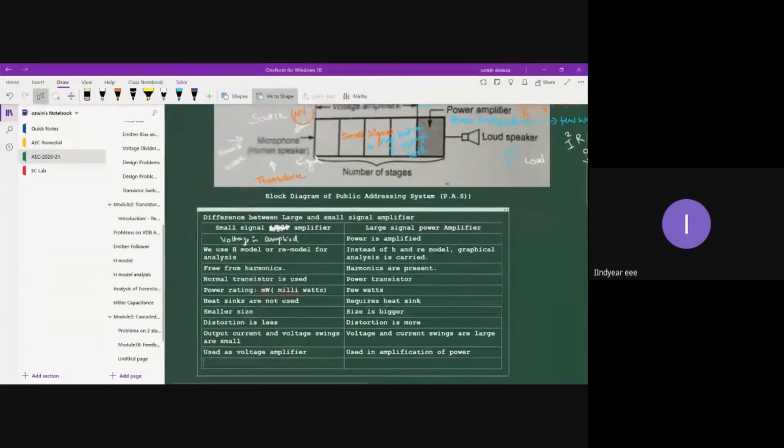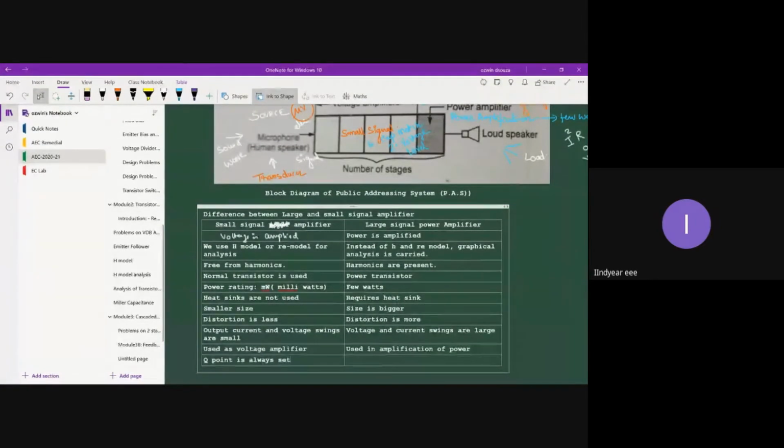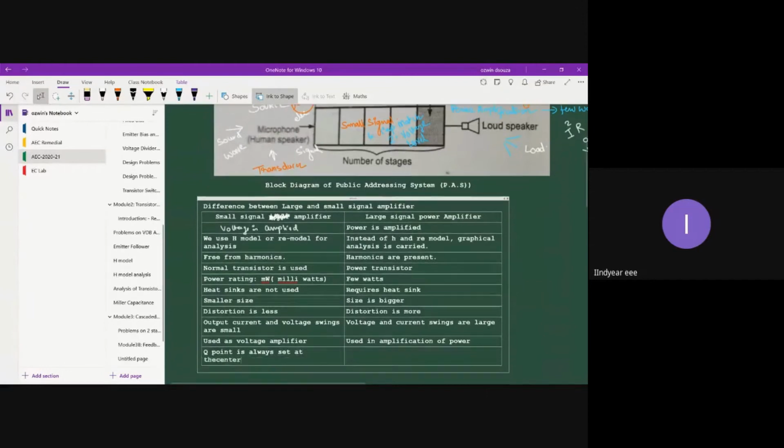Of course, there's one more major difference, which is the operating point or Q point. So in case of a small signal amplifier, the Q point is always set at the center of the load line, right?